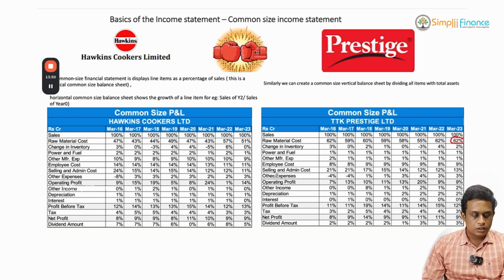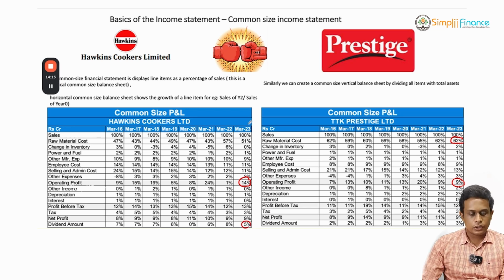So what happens, their operating profit, the operating profit of Hawkins is much better than TTK Prestige. So this shows that they are a little more efficient in managing their gross profit or the operating margins also. So here you see also the dividend payment is quite bigger compared to TTK Prestige.